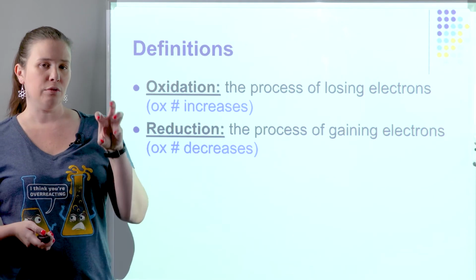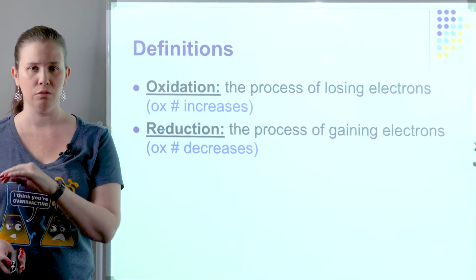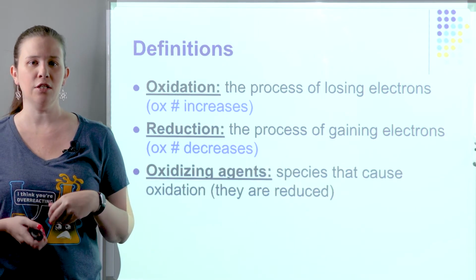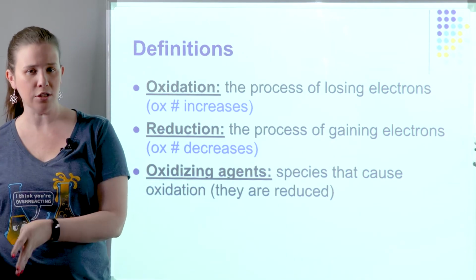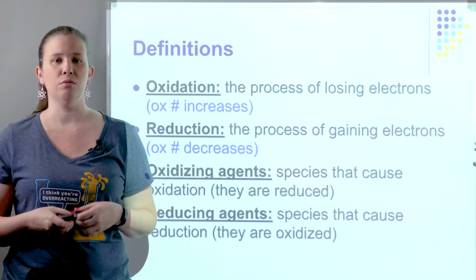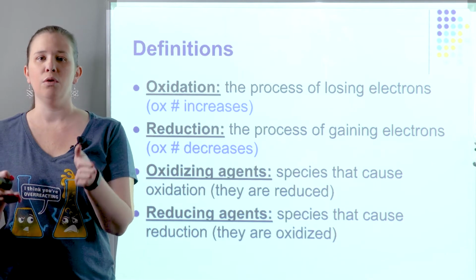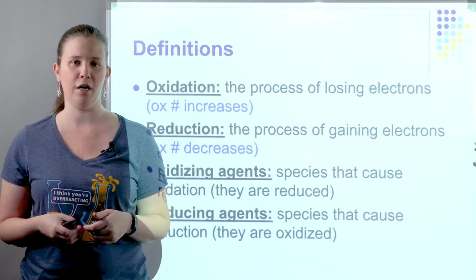We can also refer to the substances causing oxidation or causing reduction as oxidation agents or reduction agents. The catch is the oxidation agent is going to cause oxidation, and therefore it itself would be reduced, whereas the reducing agent would need to cause reduction, and the only way to cause something else to be reduced is for it itself to be oxidized.